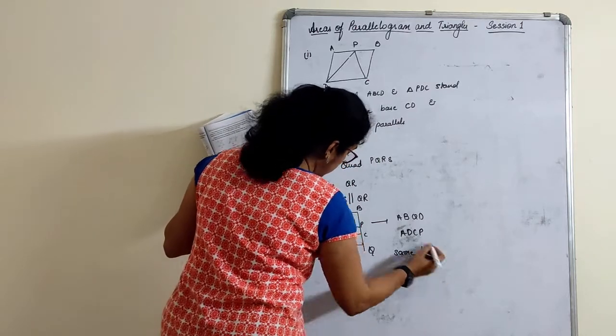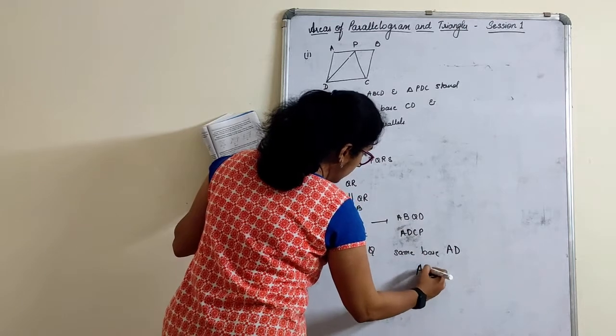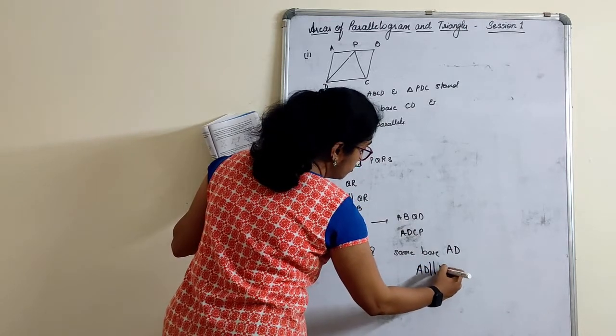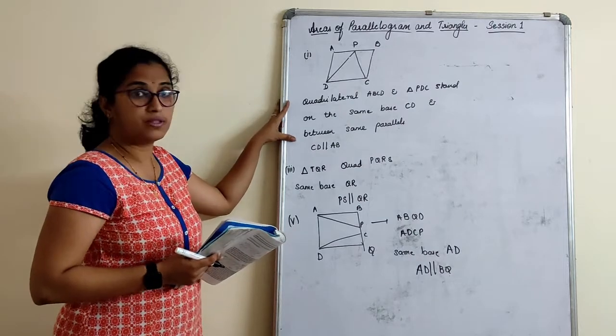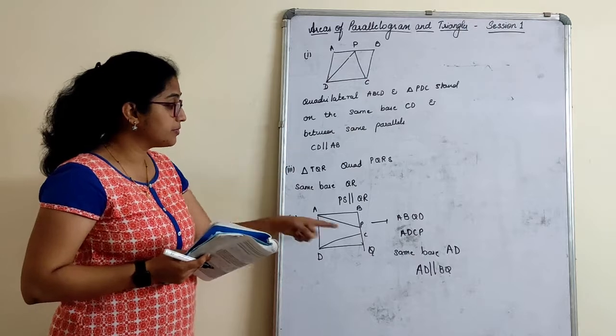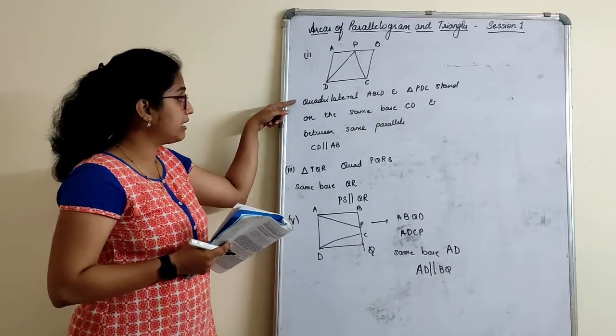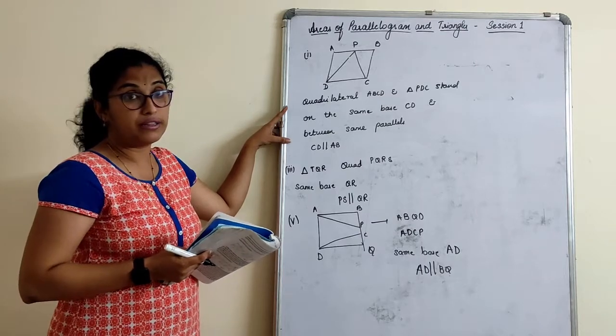What is the base here? Base is AD, and between the same parallels, AD parallel to PQ. I have used a shortcut. This is the statement, whatever you have to write. Here it is triangle and quadrilateral, fill it here. Here it is quadrilateral and quadrilateral, fill it here. This has to be written as it is along with the figure.